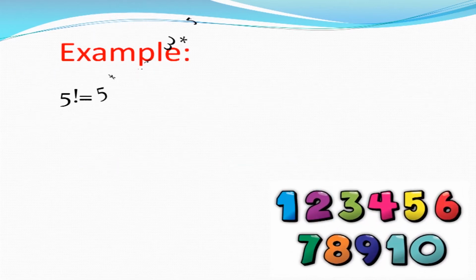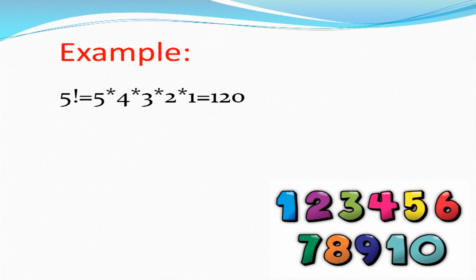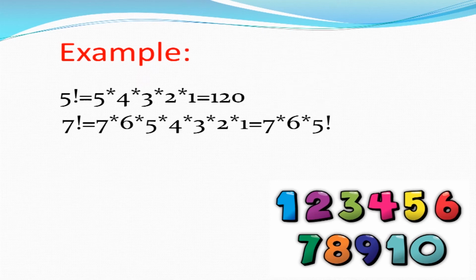5 factorial is equal to 5 into 4 into 3 into 2 into 1, which is equal to 120. 7 factorial is equal to 7 into 6 into 5 into 4 into 3 into 2 into 1.